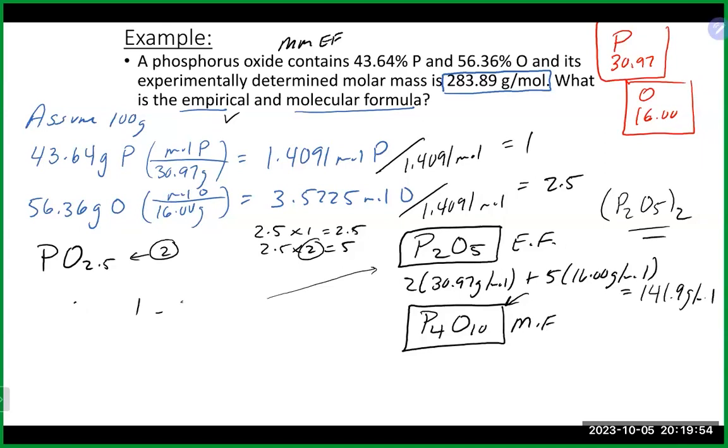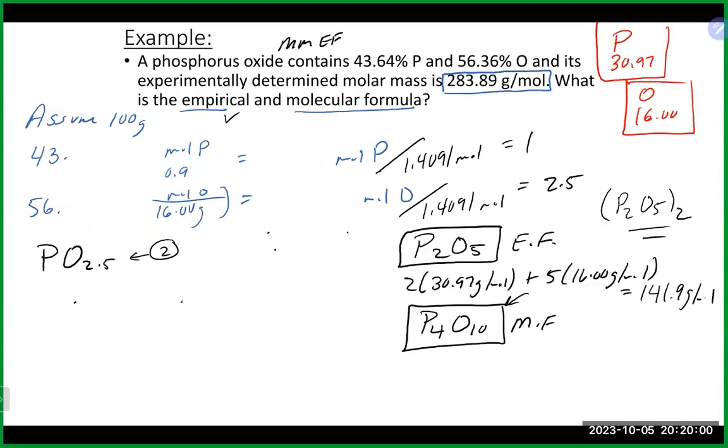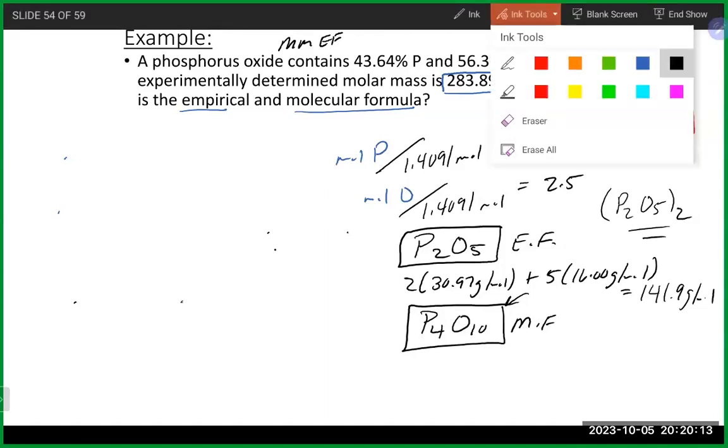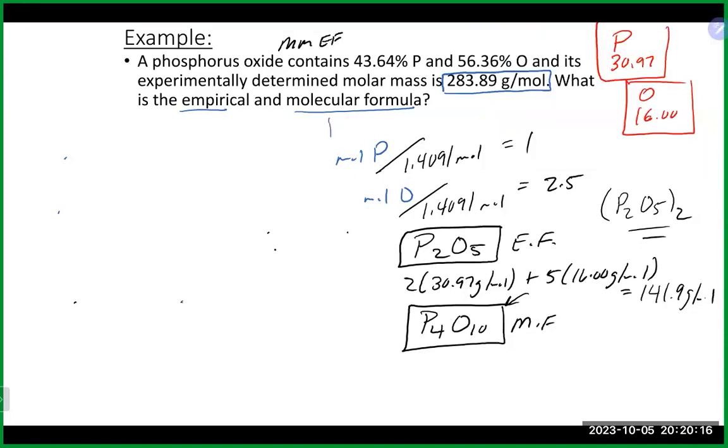All right, so the alternative approach, and I'll just leave our final answers here on the right, and I'll do it over here on the left. The alternative approach in this case is we actually do have the percentages given to us of each of these elements, and we do know the actual molar mass of the molecular formula, or the compound itself.